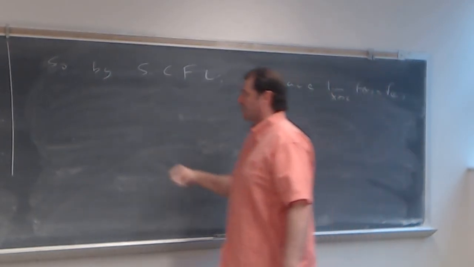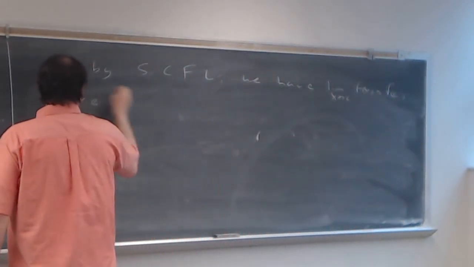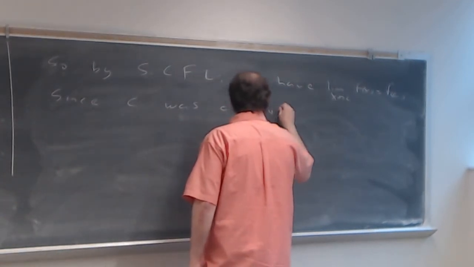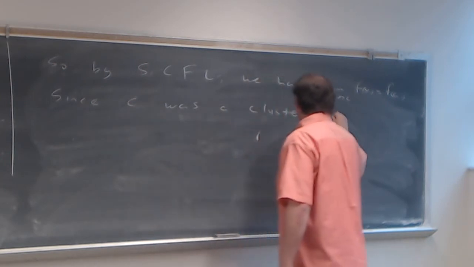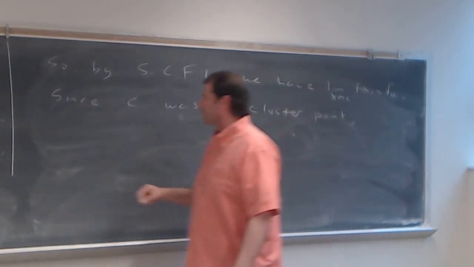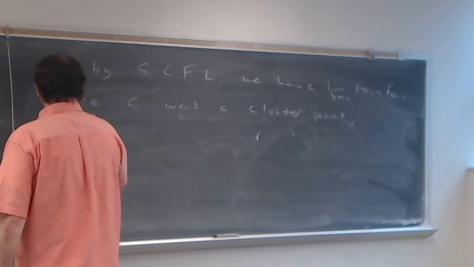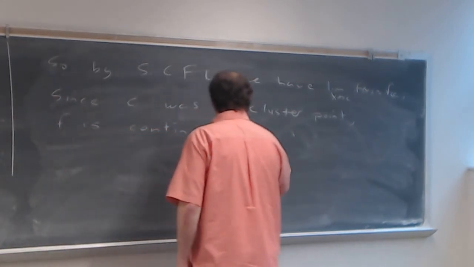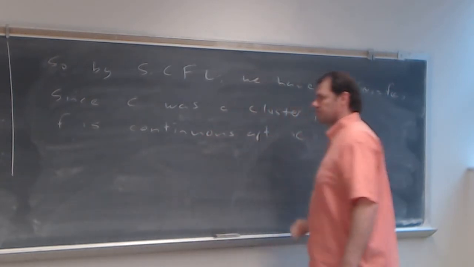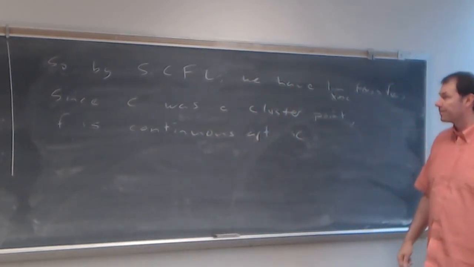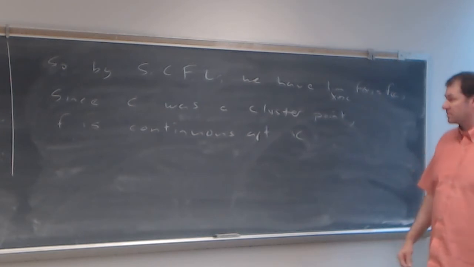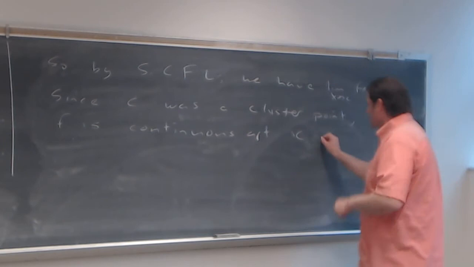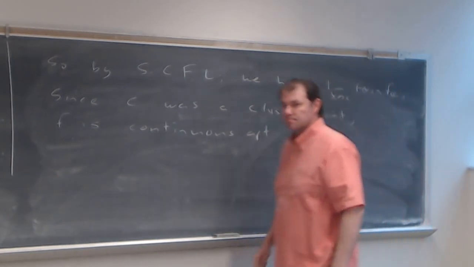And so since c was a cluster point, what we have is that f is continuous at c. And in all possible cases we get that f is continuous at c. So that ends the proof.